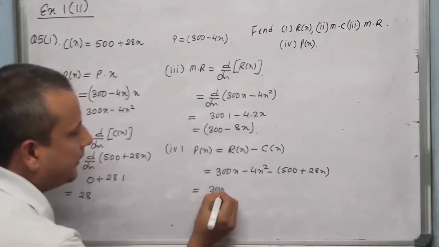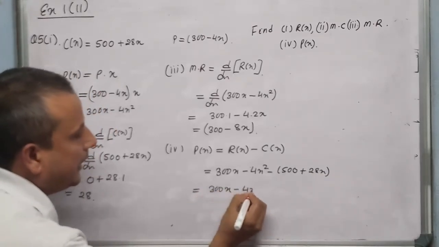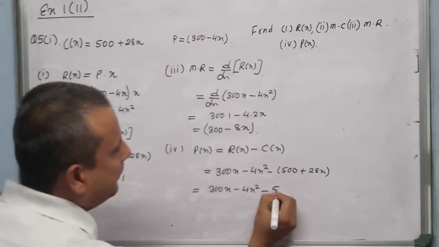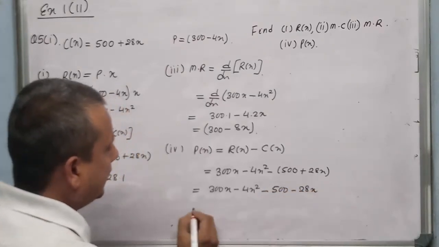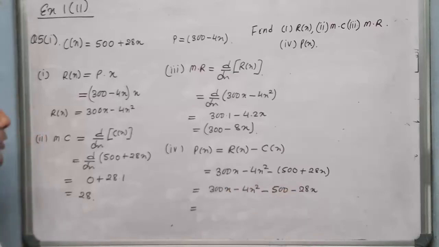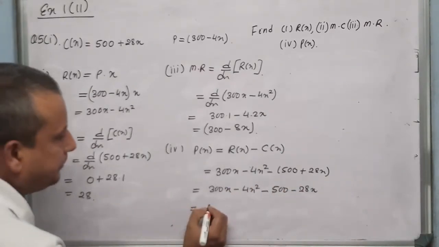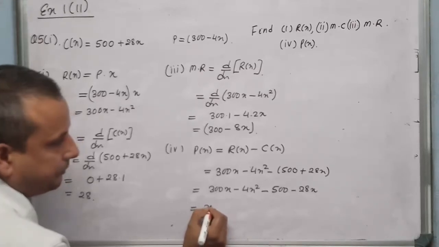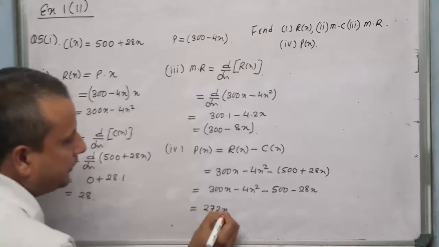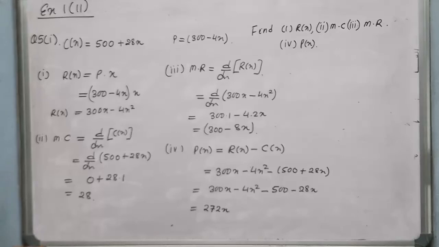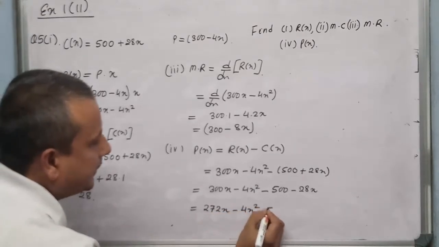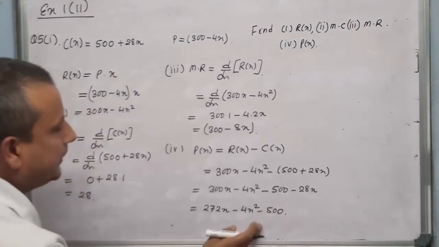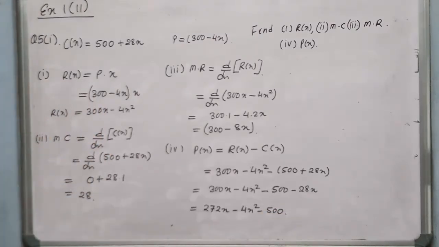Now 300x minus 4x square minus 500 minus 28x. 300x minus 28x is 272x, minus 4x square, minus 500. This is the profit equation.